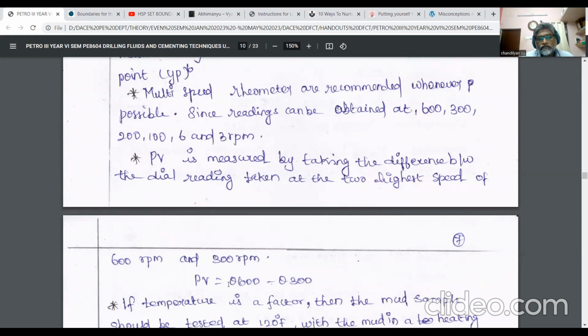What is this theta? It stands for the dial reading. Theta at 600 RPM minus theta at 300 RPM is what is called plastic viscosity. Now let me shift to the slides to tell what the plastic viscosity is here.